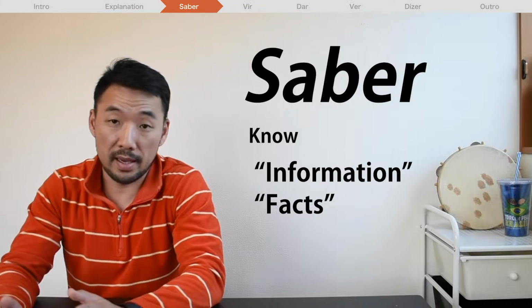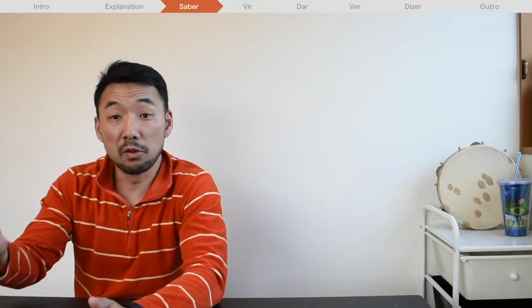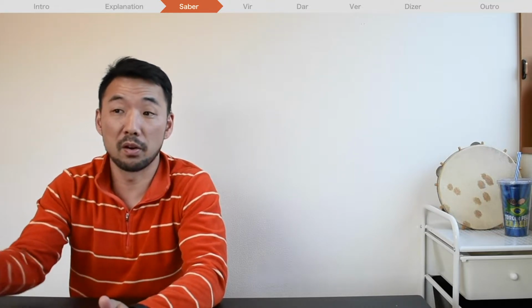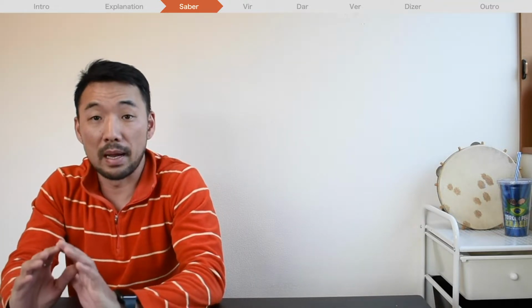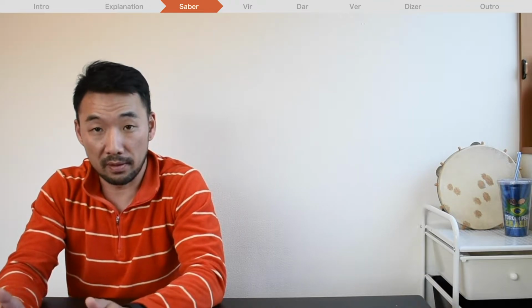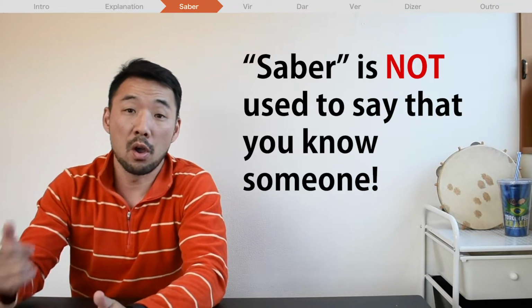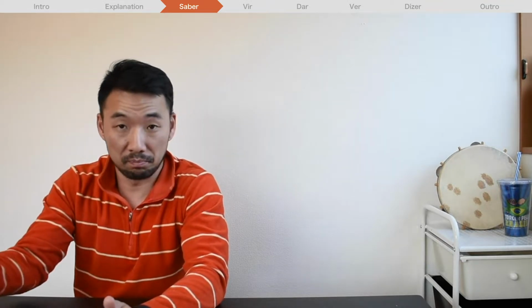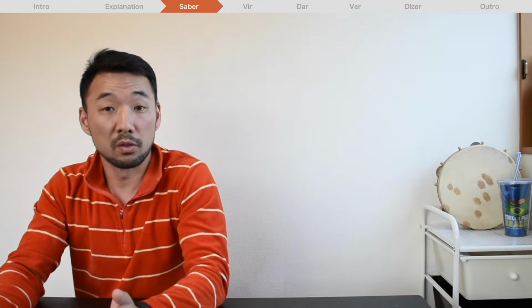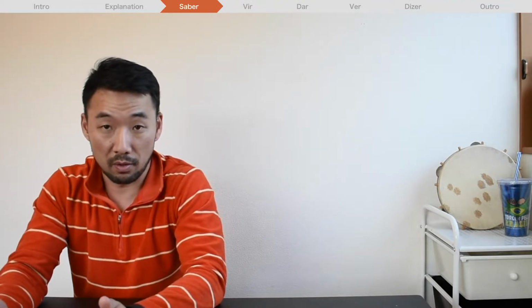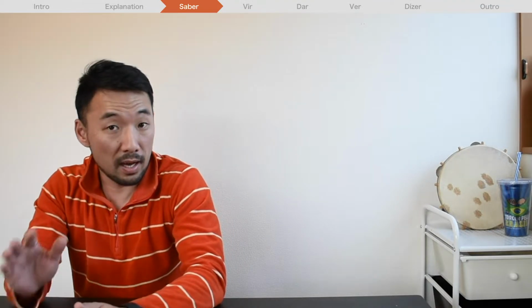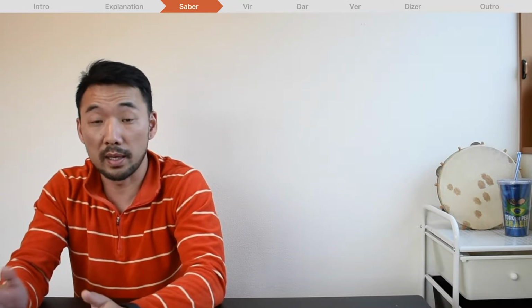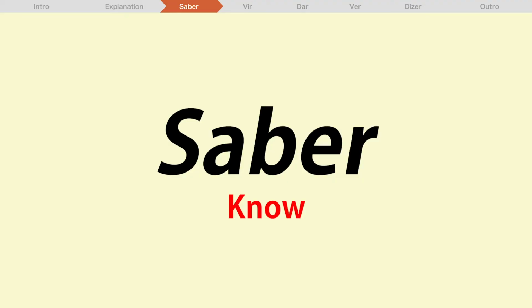A common mistake is when you want to say that you know somebody. In English, you use I know, right? I know him, I know her. But in Portuguese, it's a different verb, not saber. We're going to go over the difference between saber and this other verb that also means to know in a later lesson. But this time, please take a look at some examples and try to understand when it's used.